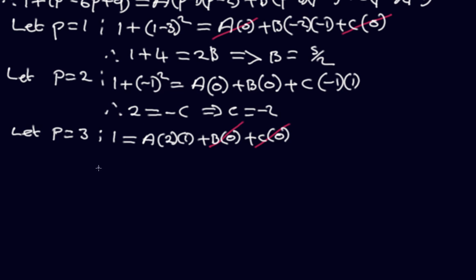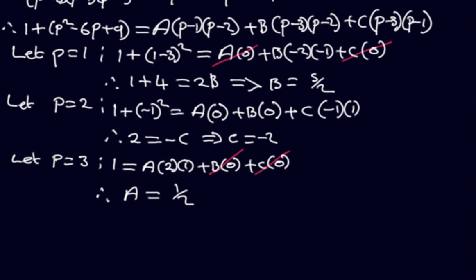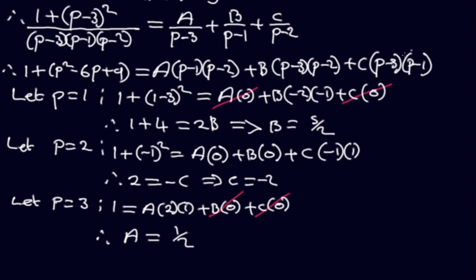Therefore a is equal to 1 over 2. So it was such an easy partial fraction problem that we have here. So we just have all the values we want. Let us then continue.